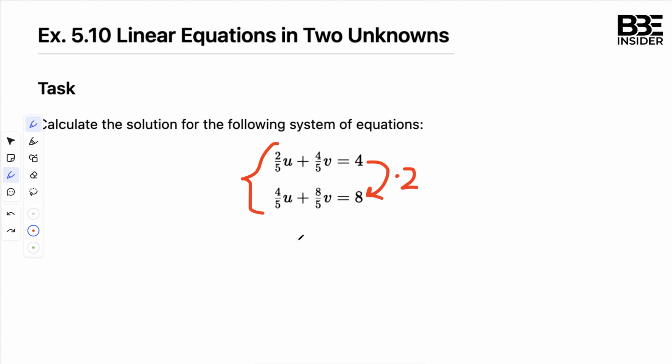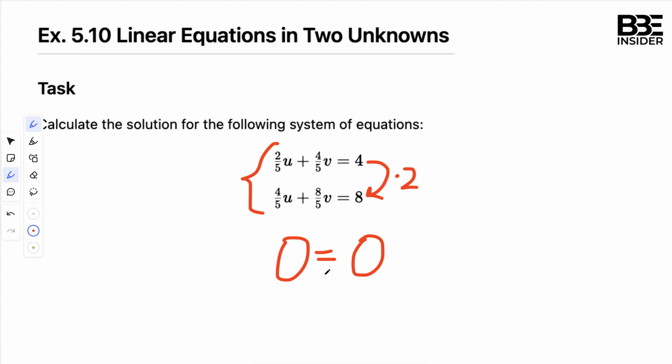When using the elimination or substitution method, you would obtain a statement which in general is true. For example, 0 equals 0. Because both sides of the equation are the same, the expression is true.